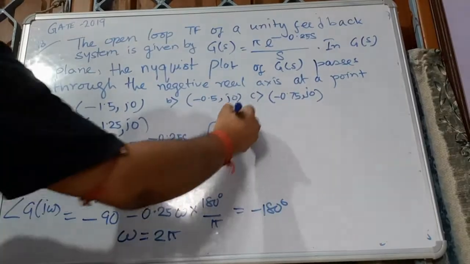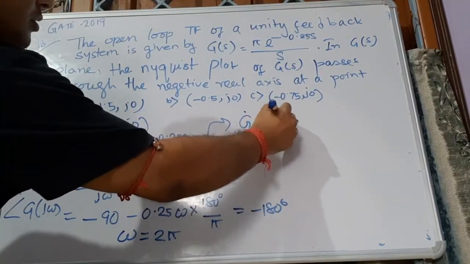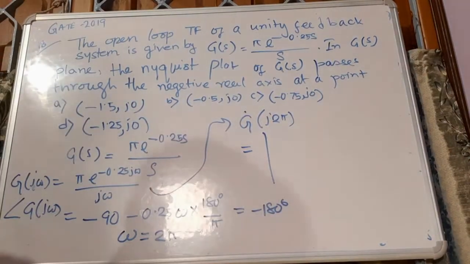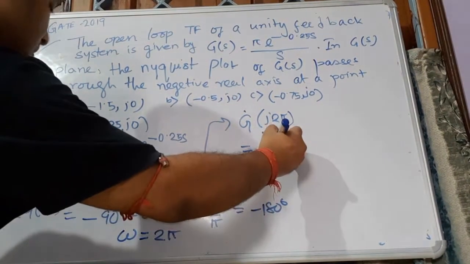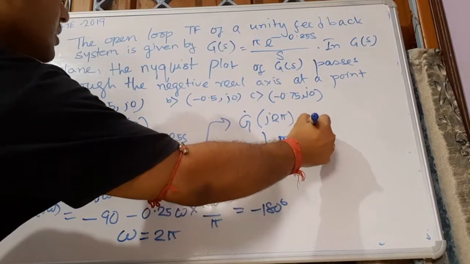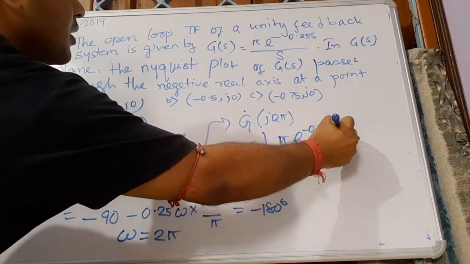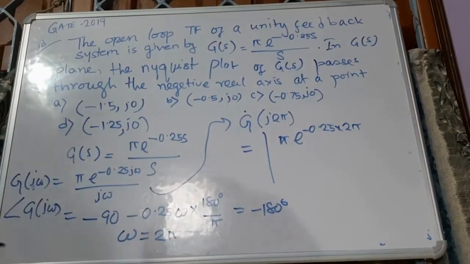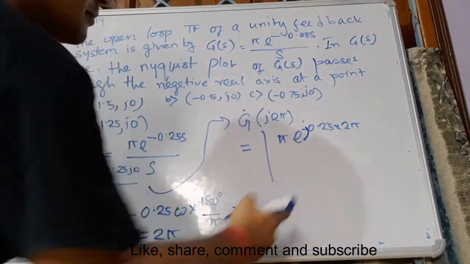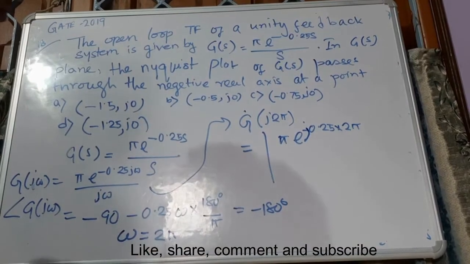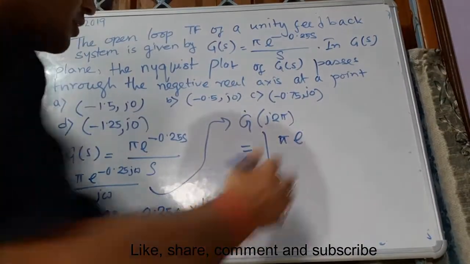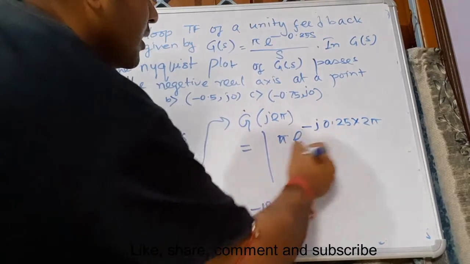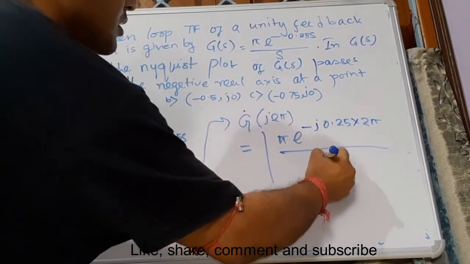G(j twice pi) equals, if I take the magnitude, pi e to the power minus 0.25 into twice pi j, divided by j into twice pi.